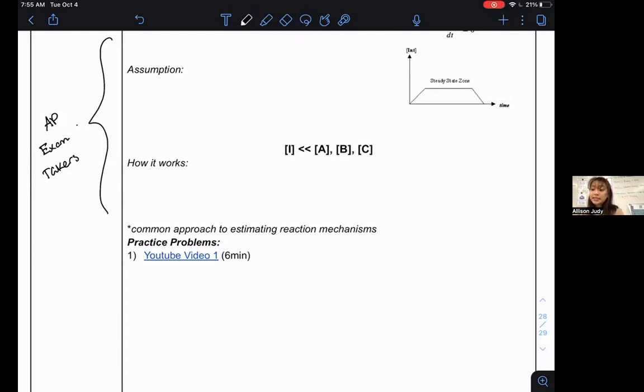I personally haven't seen a problem where you use steady state approximation yet in the practice questions and practice packets I've made. So I'm going to let you determine if this is worth your time. It is in the manual. It's not really clear how often and how in depth they want you to be tested on it.